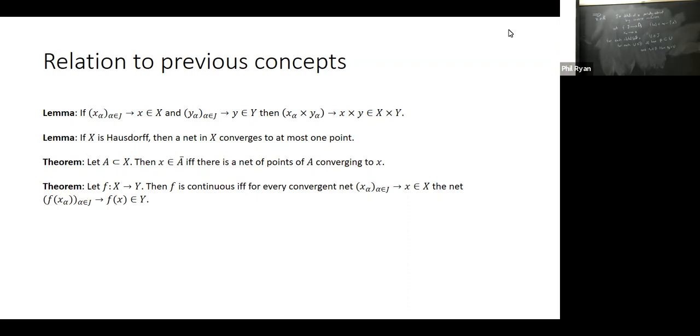So if this is true, then we want to show that f is continuous at x, for any point little x in X. So what are we going to do?